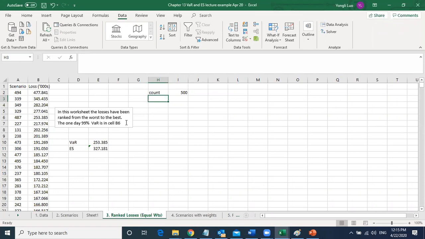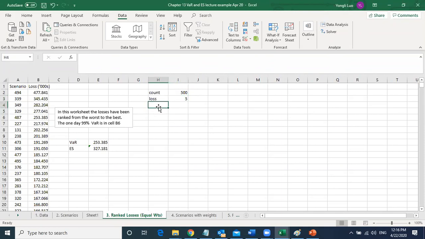The number of observations in the tail is the total number of observations times 1 minus 99%. So you will see that it is 5. That's going to be the VaR.